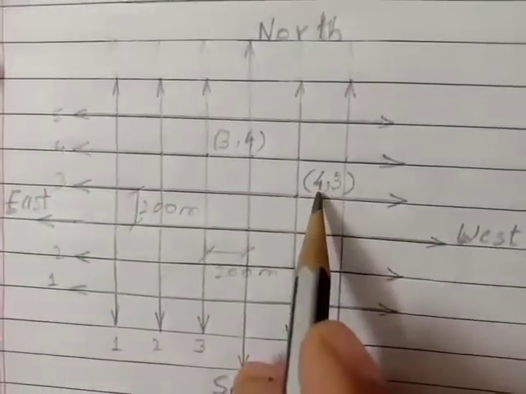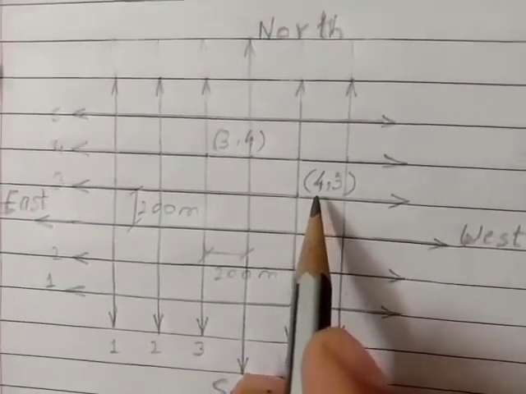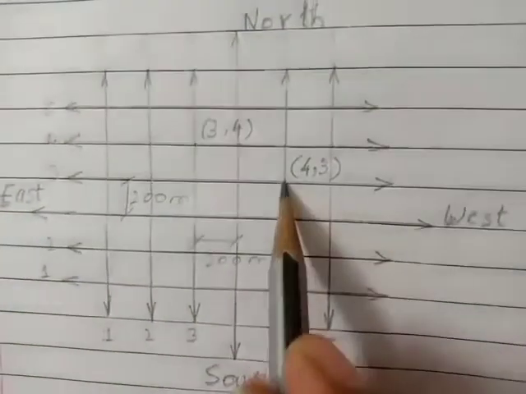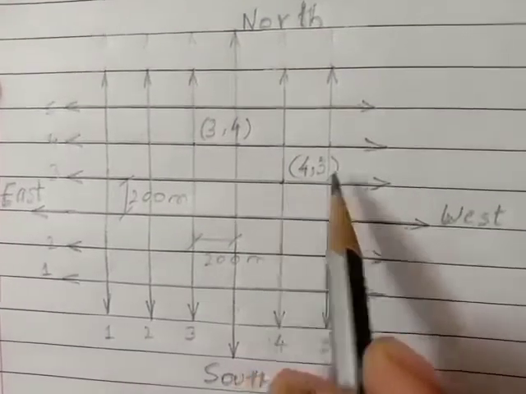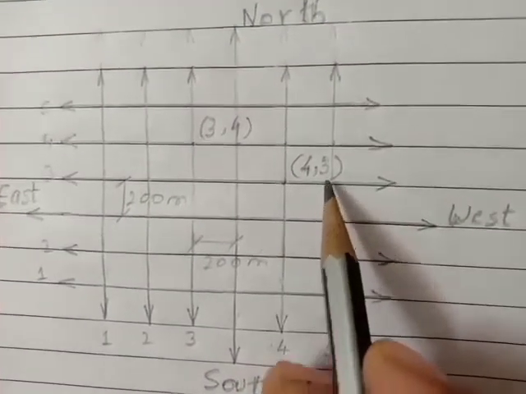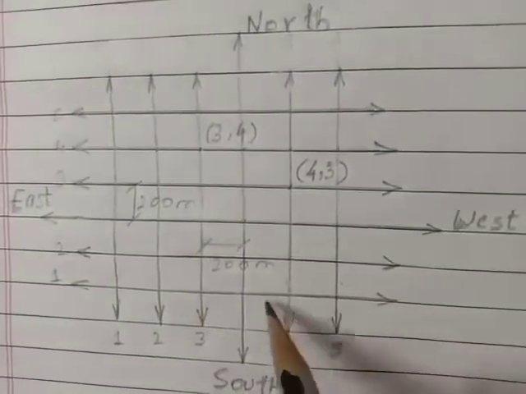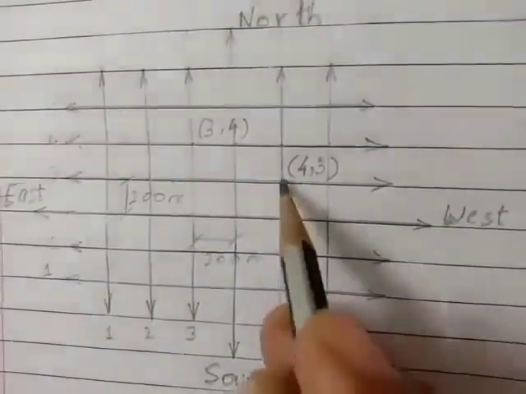For the x coordinate you will measure the distance from the y coordinate. So this is y, meaning the north south street. If you measure, it is 4 units: 1, 2, 3, 4. And to find the y coordinate, we will measure the distance from the x coordinate. X is 1, 2 and 3.